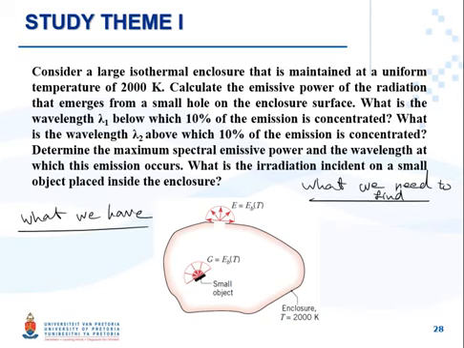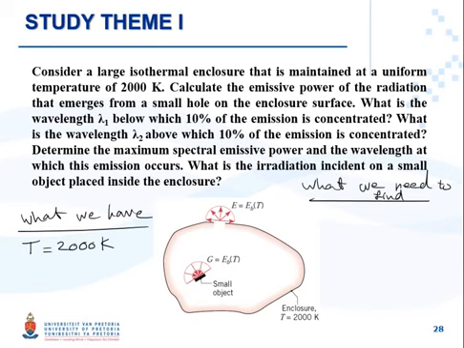Okay, well, what we have is, we know that the enclosure is at the temperature. We have the temperature of enclosure at 2000 Kelvin. We also know that the large isothermal enclosure is the same concept that we use to prove the black body characteristics.